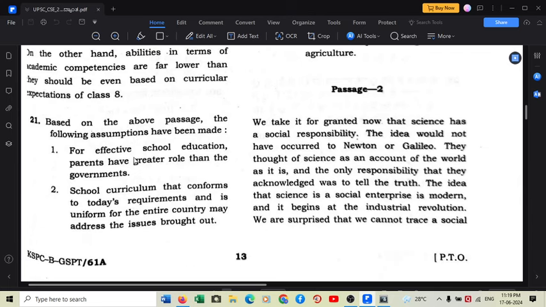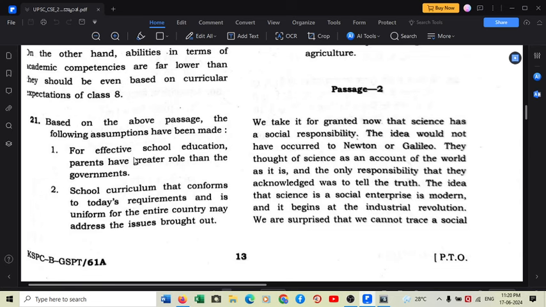Statement number 2: school curriculum that conforms to today's requirements and is uniform for the entire country may address the issues brought out. This is also correct. What are today's requirements? Today's skill set. What is the skill set which is more relevant for the industries?